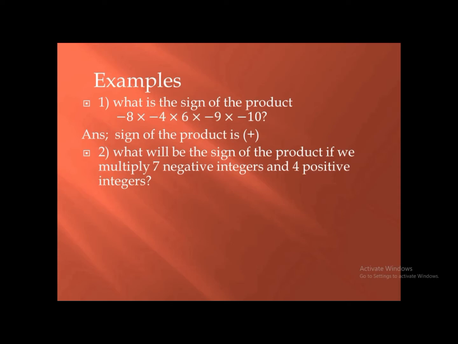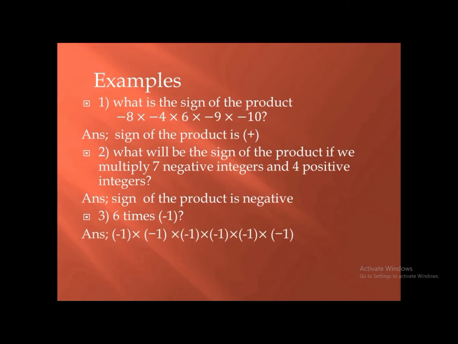Third example, negative 1 multiplied by itself 6 times. Since 6 is even, the sign of the product will be positive, and 1 multiplied by itself 6 times is 1, so the answer is positive 1.